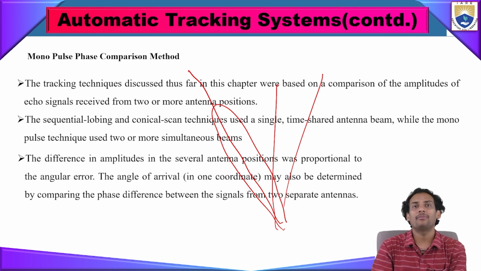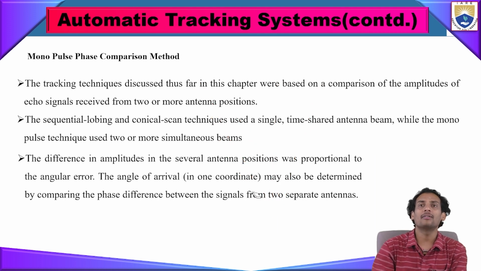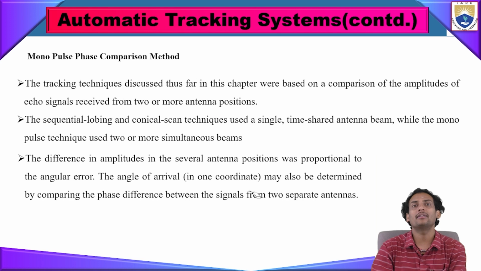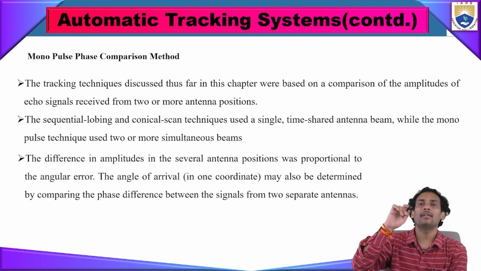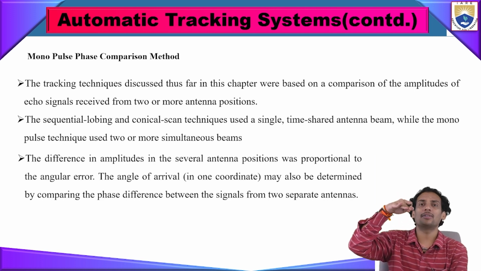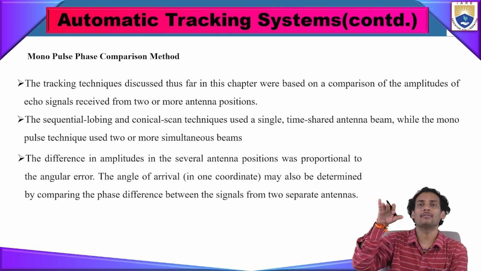So the difference between the amplitudes in several antenna positions will be proportional to the angle error. The angle of arrival may also be determined by comparing the phase difference between the signals from two separate antennas. Like, the angles may be different, then the difference between the angles will also be compared with the phase difference between antennas.